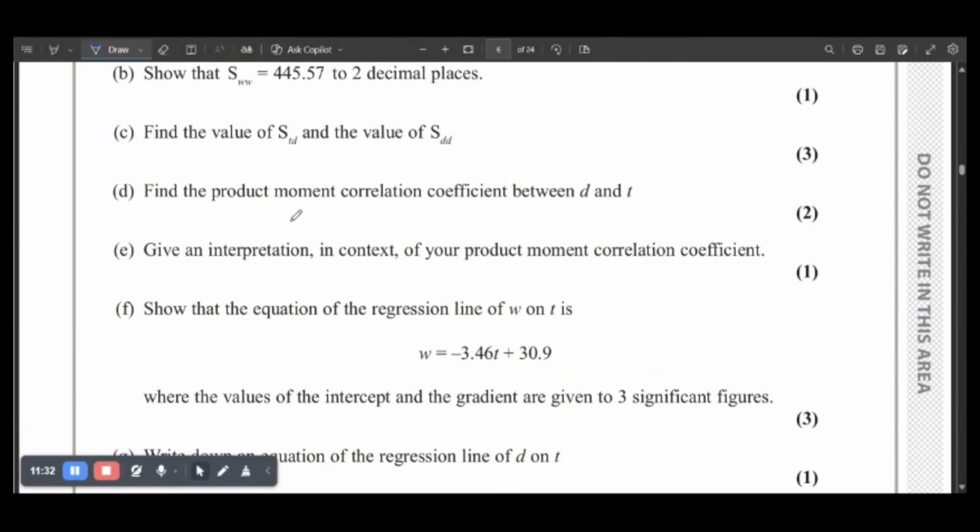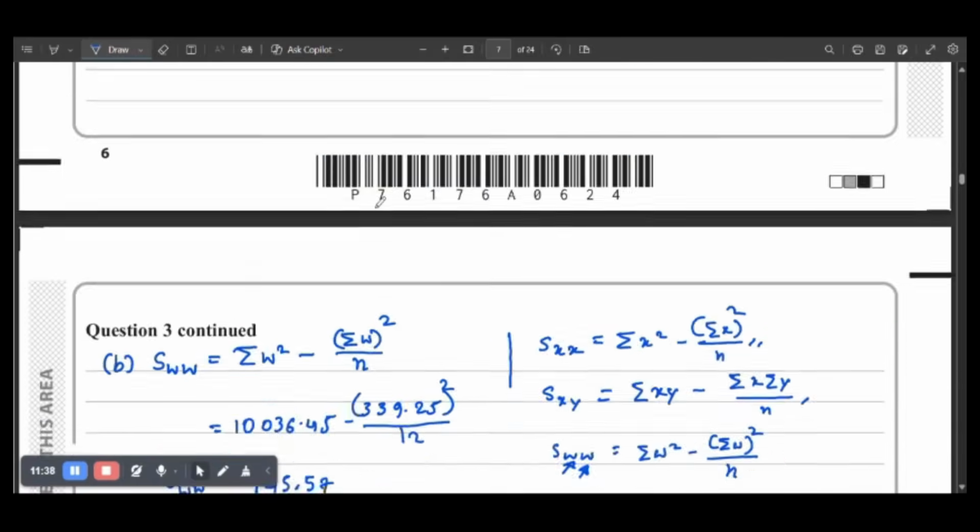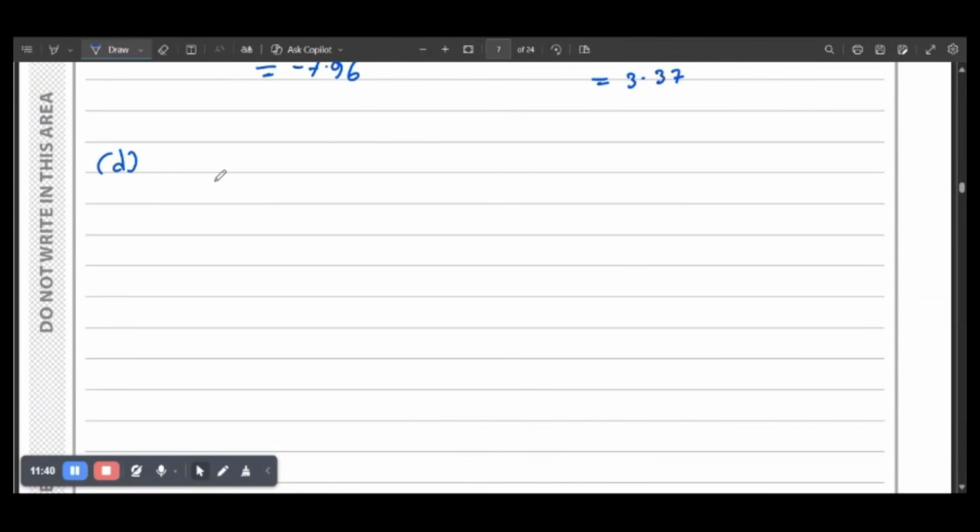For part D, we have to find the product moment correlation coefficient between D and T. The product moment correlation coefficient, which is r, can be calculated by this formula.